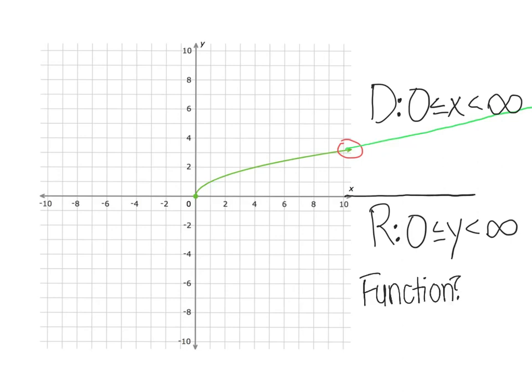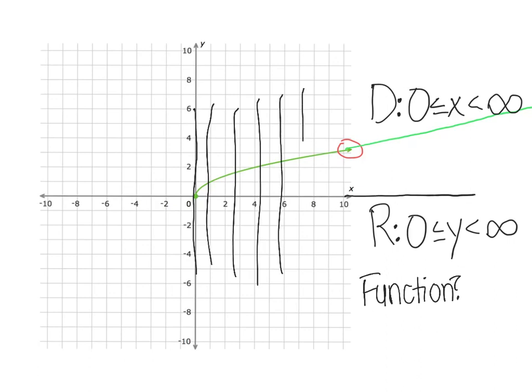The other thing that we can look at in this graph is, is it a function? So in order to tell if it's a function, I need to do the vertical line test. So the vertical line test is when I draw a vertical line at any place in the graph. It should only cross that green graph at one point.